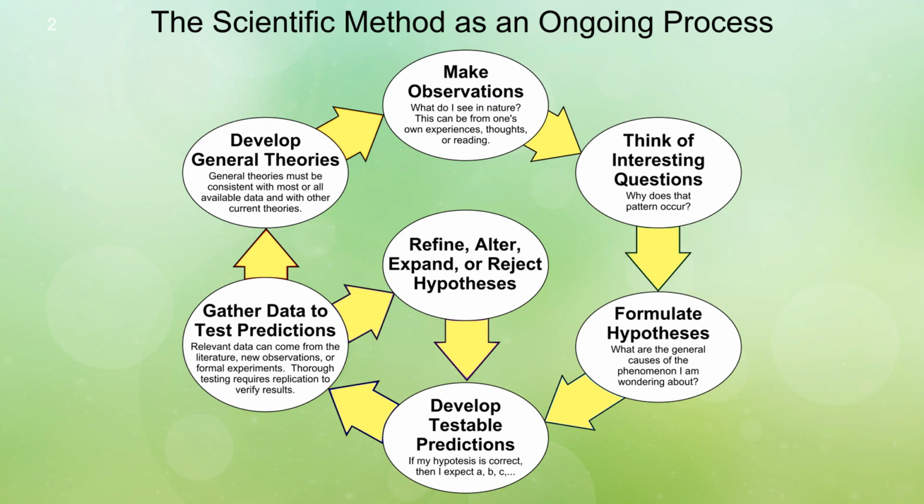But let's talk about some of the steps here. So first we have making observations. And this step occurs sometimes, and let me explain that. So I could be walking out in nature, right? I think I mentioned before that I study pollinators. So maybe I'm walking out in a grassland and I observe something that I think is unusual, right?